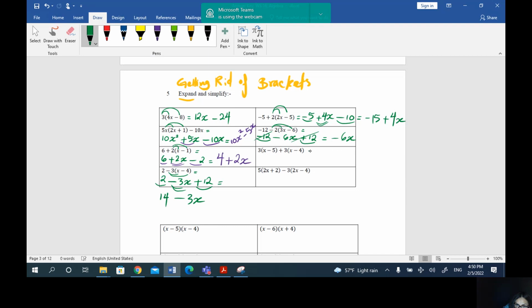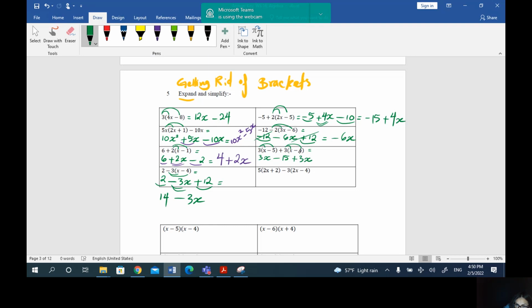Here, we're going to expand the 3 into the first bracket and this 3 into the second bracket. So 3 times x is 3x. 3 times negative 5, negative 15. Positive 3 times x is plus 3x.